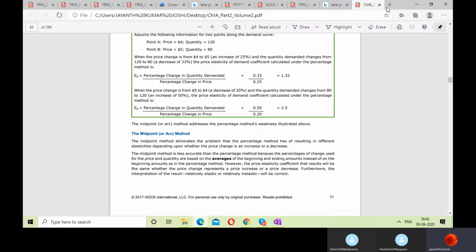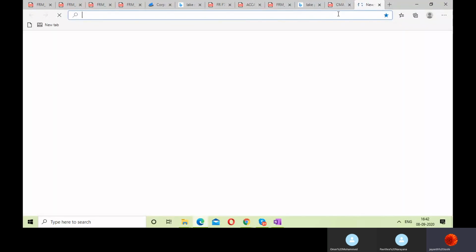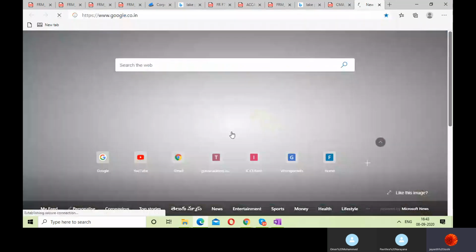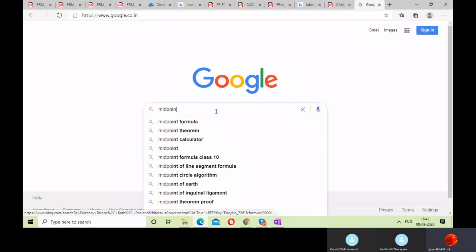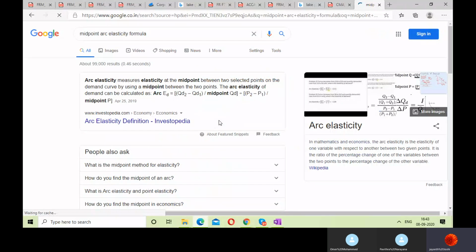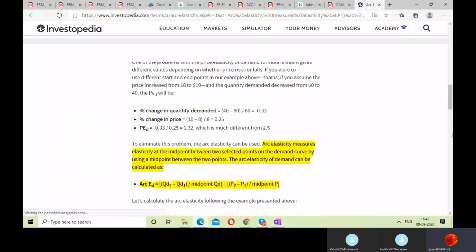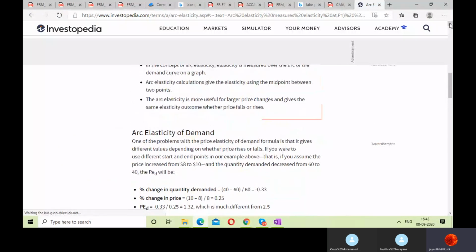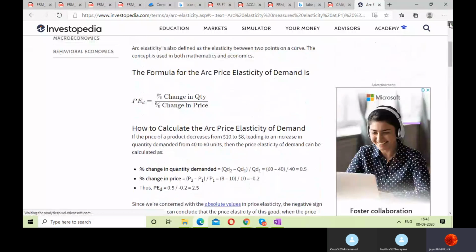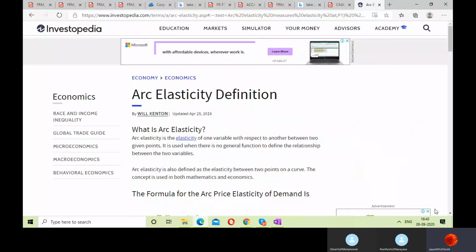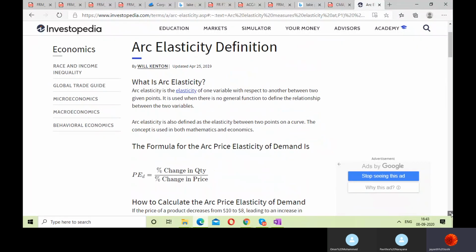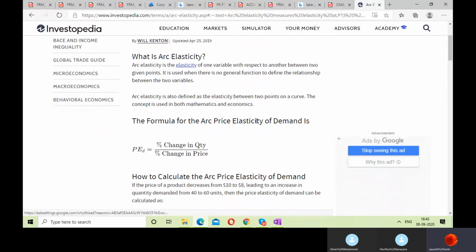So let us see the midpoint arc method. We'll show with the help of a diagram. Arc elasticity is the elasticity of one variable with respect to another between two given points.